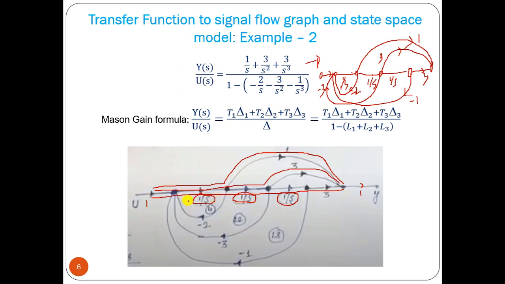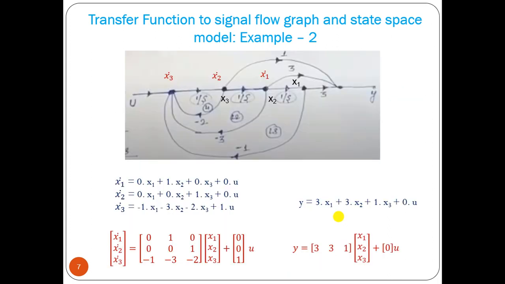Minus 2 by s, minus 3 by s square, minus 1 by s cube. These are the three loops. So this is the signal flow graph. Now we can find the state space model. So for the 1 by s term, the output is x1, so the input of that integrator, x1 dot, should be equal to x2.